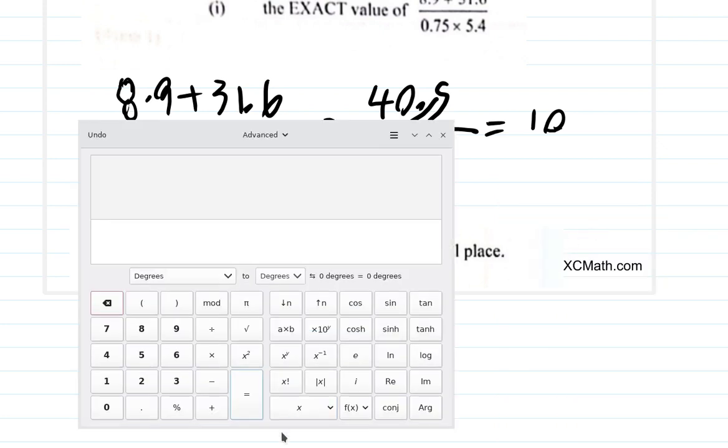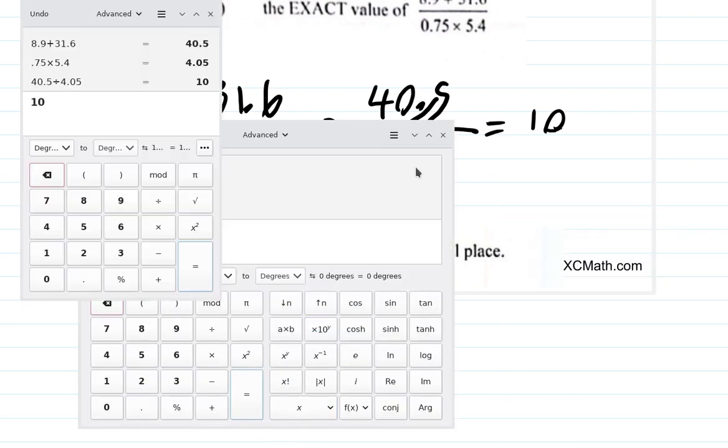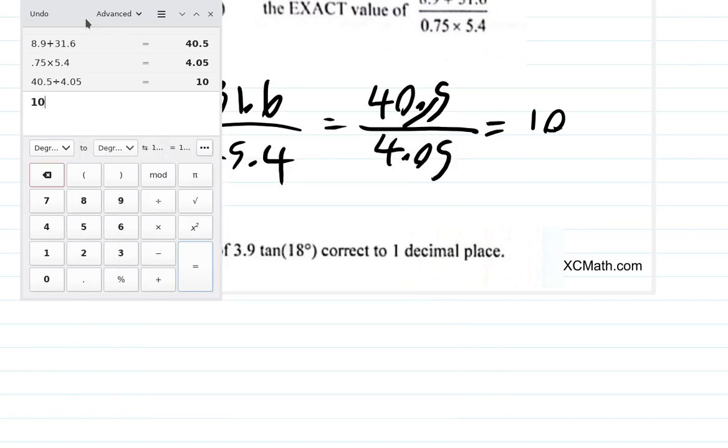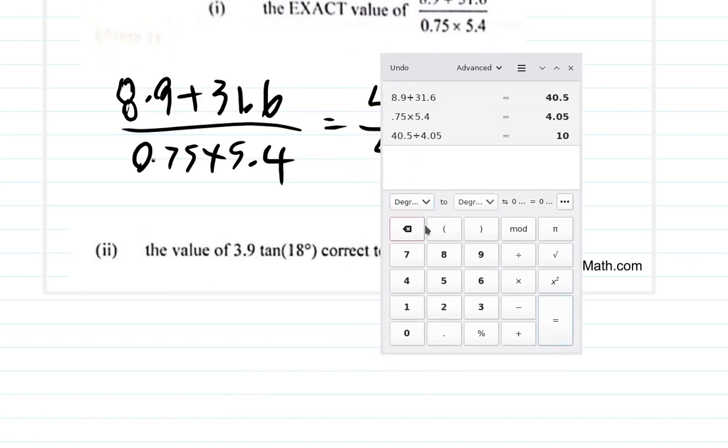Now the thing about this part is that you must ensure that your calculator is in degree mode. Alright? So you're going to find the tangent of 18 degrees, and you multiply by 3.9.